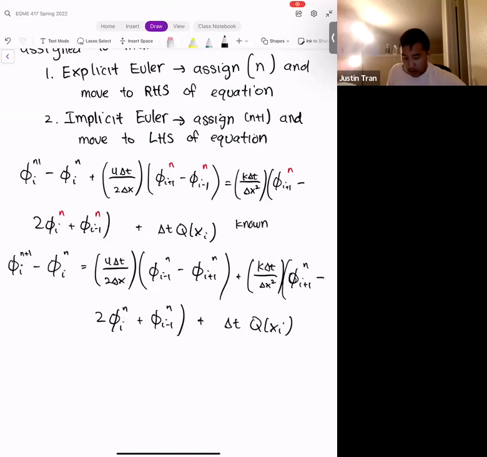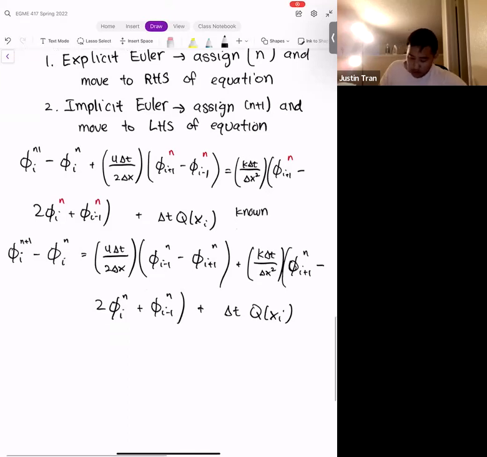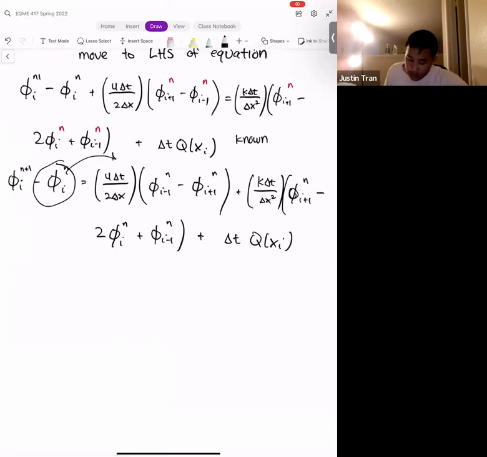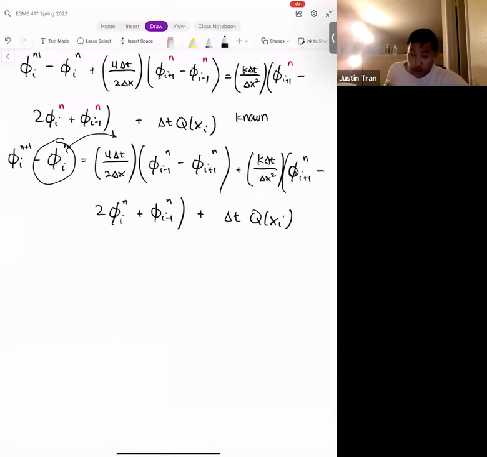So all that's great. We need to move this one over to the right-hand side too. I kind of forgot it. Let's go ahead and do that, and let's rearrange the right-hand side so that we sort them by the common factors of phi.